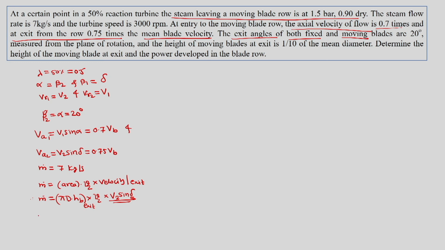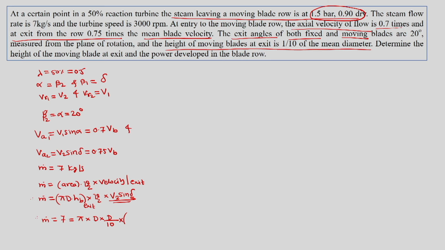So we have 7 is equal to pi into d into hb, but for hb it is told that the height of the moving blade at the exit is 1/10 of the mean diameter. So d by 10 into the specific volume at exit, which we can find from this state, 1.5 bar and 0.9 dry.